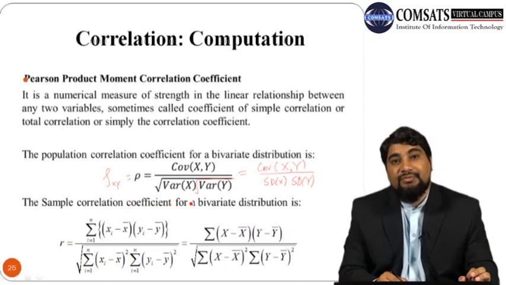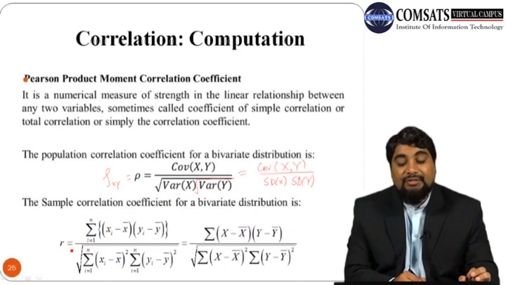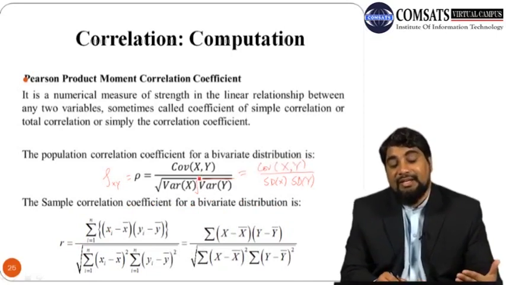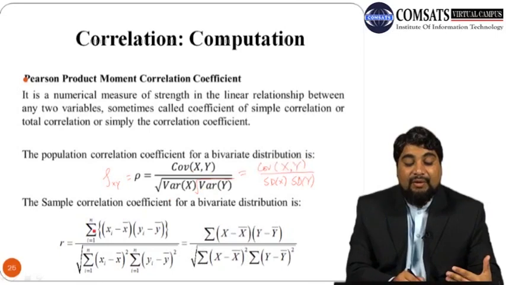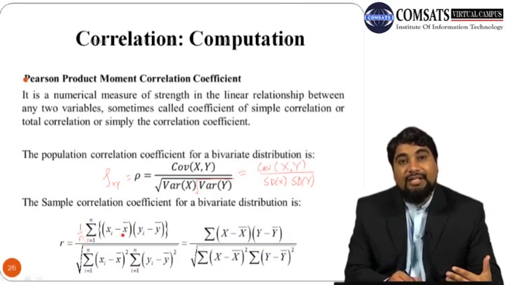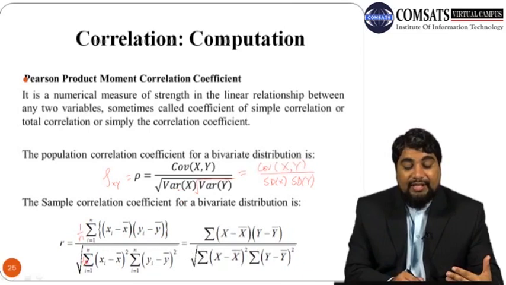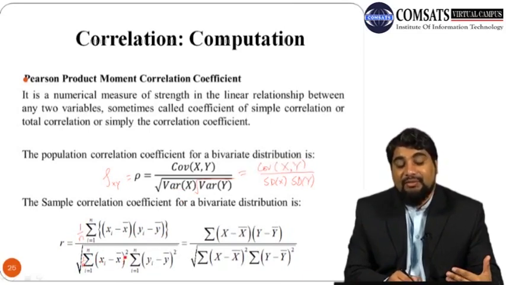The sample correlation coefficient for a bivariate distribution is r, and I'm just plugging in the values of covariance, variance of x and variance of y. Covariance is 1 over n times summation xi minus x bar times yi minus y bar, the variance of x is 1 over n times summation xi minus x bar whole square, and the variance of y is 1 over n times summation yi minus y bar whole square.